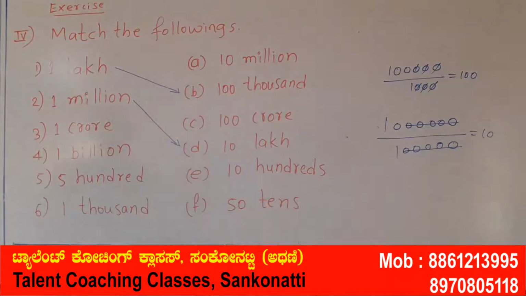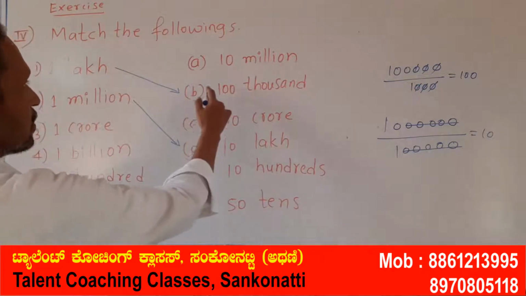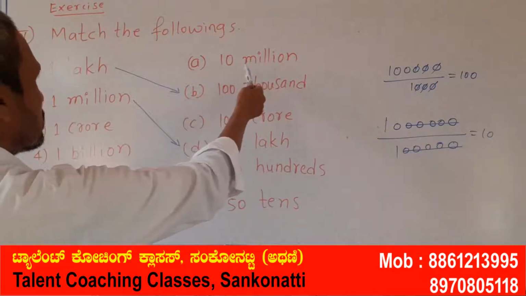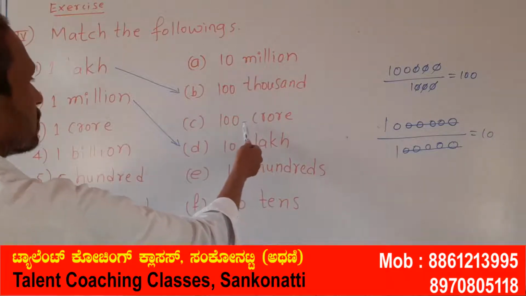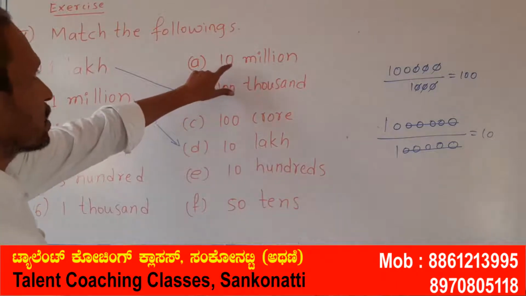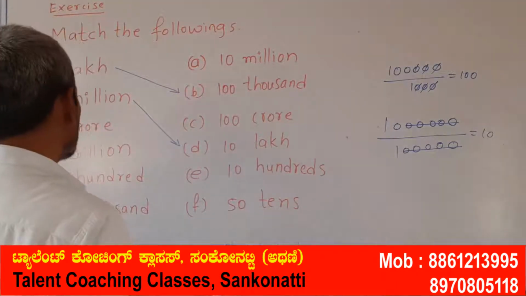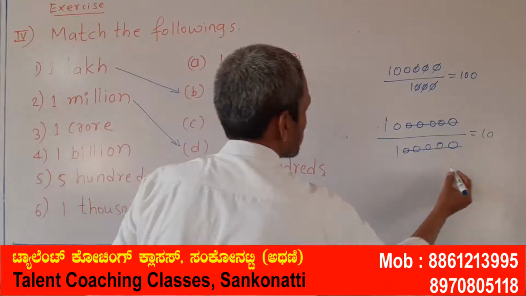Now crore, this is already completed. Now we will see for this, 10 million or 10 crore; 100 crore is greater than 1 crore. So we will check for this. We will divide 1 crore by million.